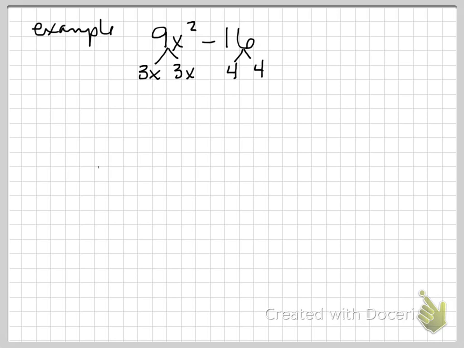Now, because this was a negative 16, one of them's got to be a negative 4. Well, these are my factors. I just take one of each, so 3x minus 4, and that's one of my parentheses. My other parenthesis is the other 3x, this time with the positive 4. And that one is factored. And that's all you have to do.